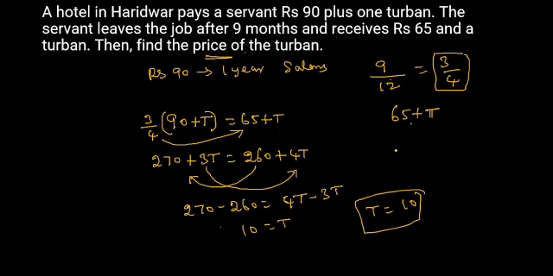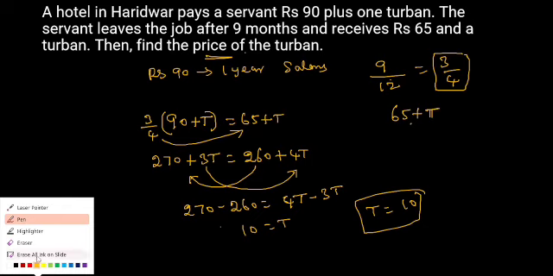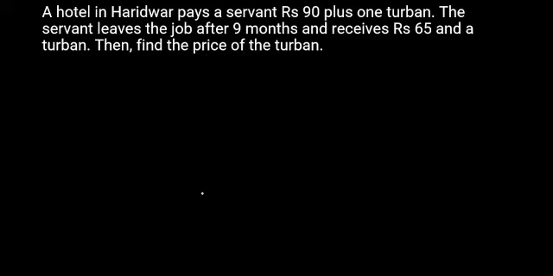Now what is the other way of doing this? The other way is to use a shortcut methodology. Now what is the shortcut? Let us assume she is working for 3/4 of the year. If she works for 1 year, she will get 90 rupees.